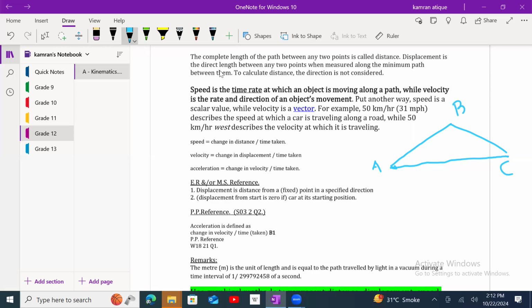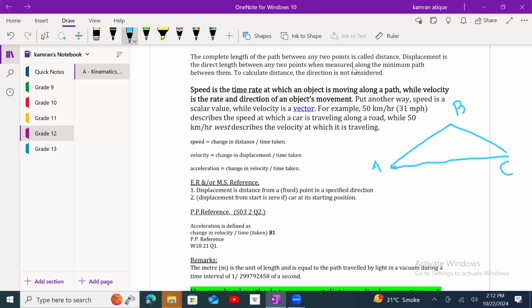Once again, look at the definition sentence. The complete length of the path between any 2 points is called distance. As an example, the complete length of the path between point A and point C will be called the distance between point A and point C. That was the complete length of the path.